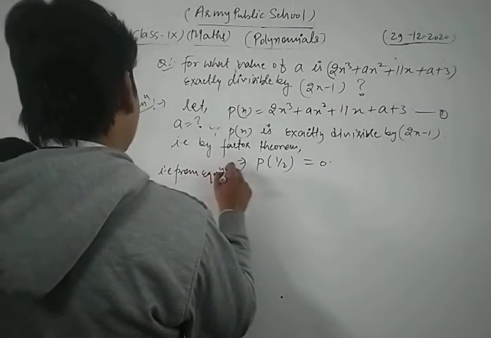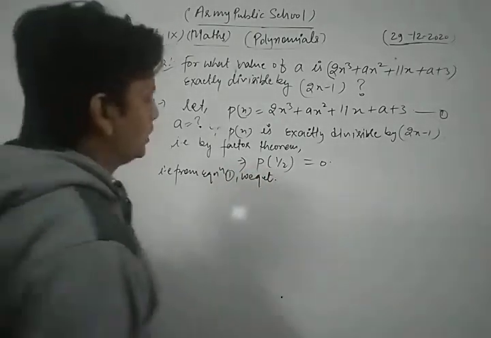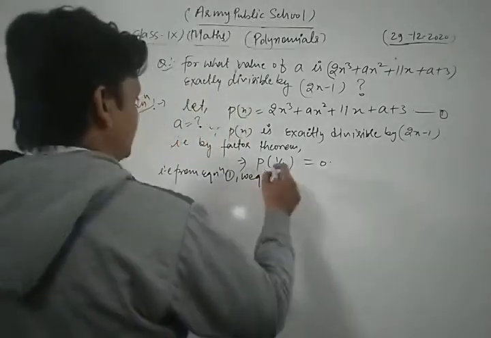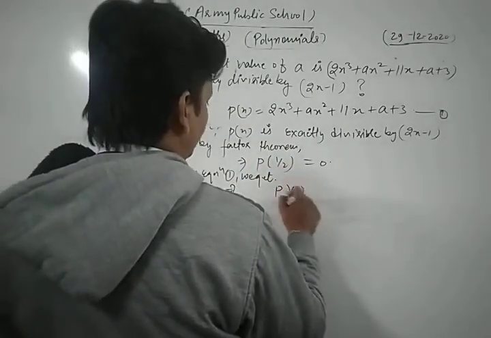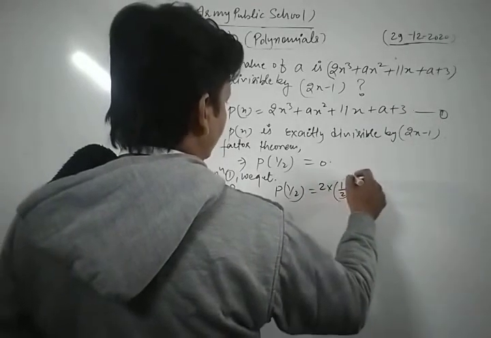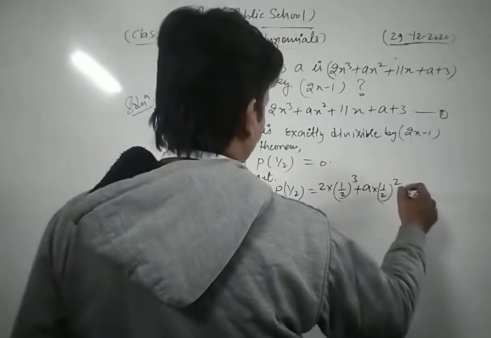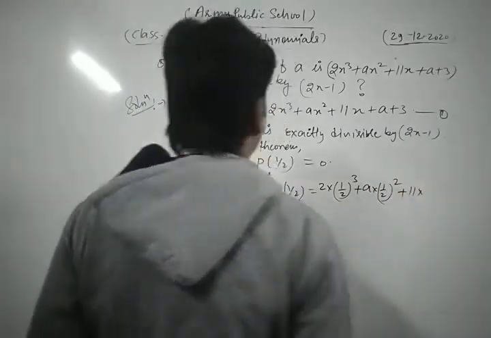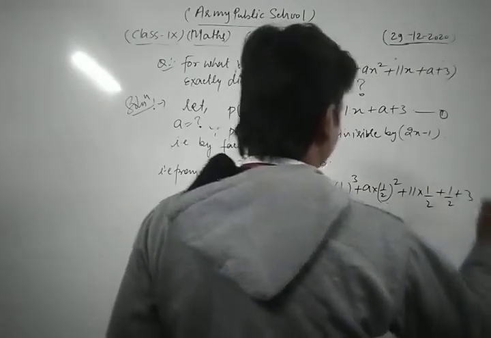From equation 1 we just replace x by 1 by 2, so we get p of 1 by 2 equals 2 into 1 by 2 whole cube plus a into 1 by 2 whole square plus 11 into 1 by 2 plus a by 2 plus 3.